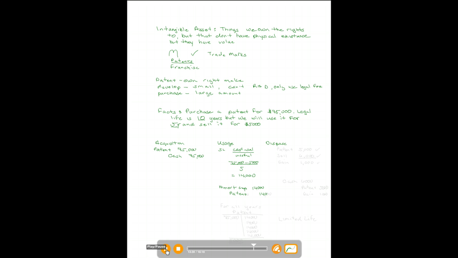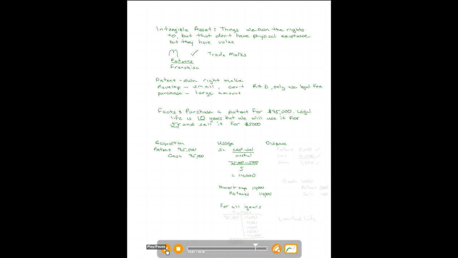Generally accepted is to go directly to the asset account patents. And that would be our entry. Let's assume we do this entry for all 5 years, and then we sell it at the end of the 5th year. We dispose of it.